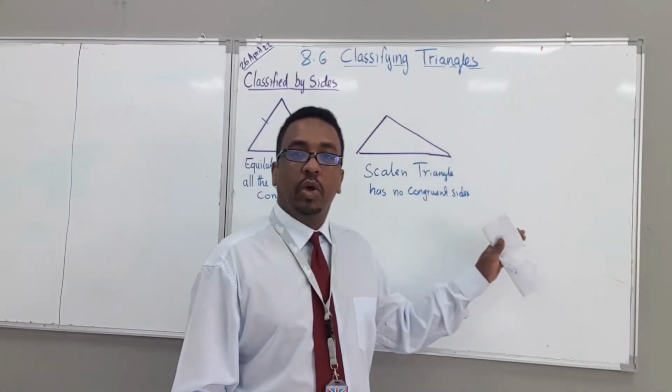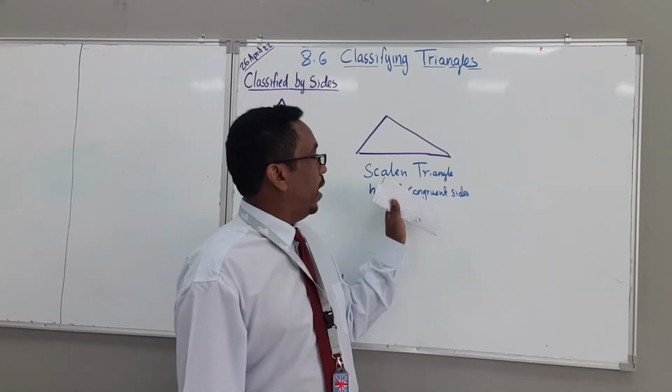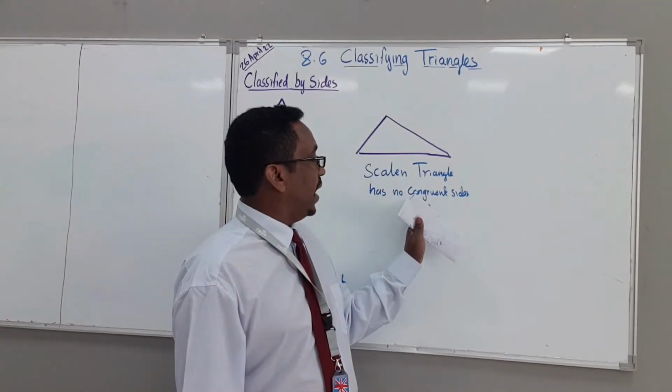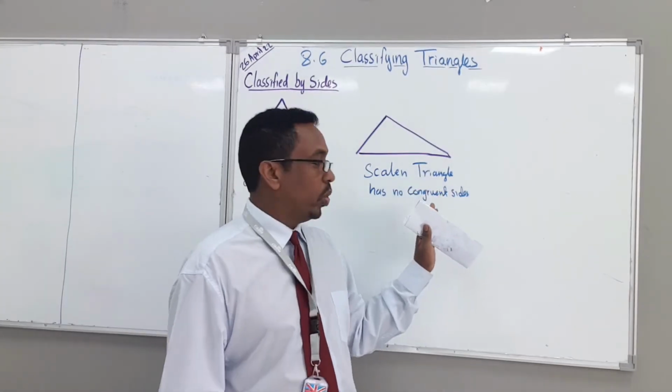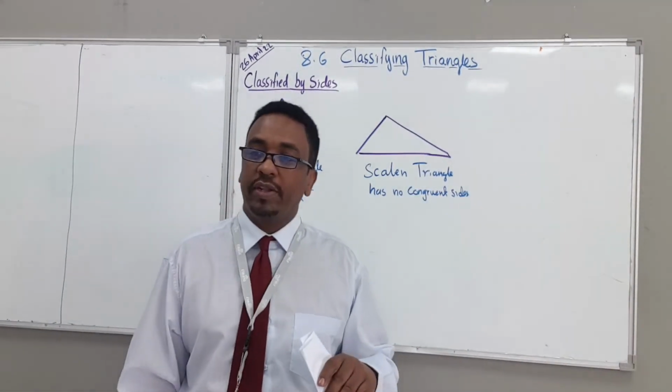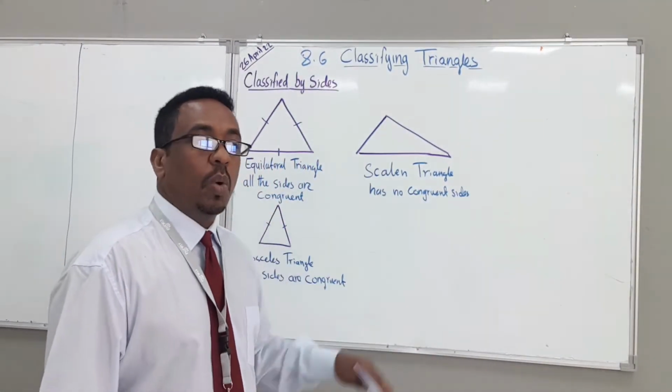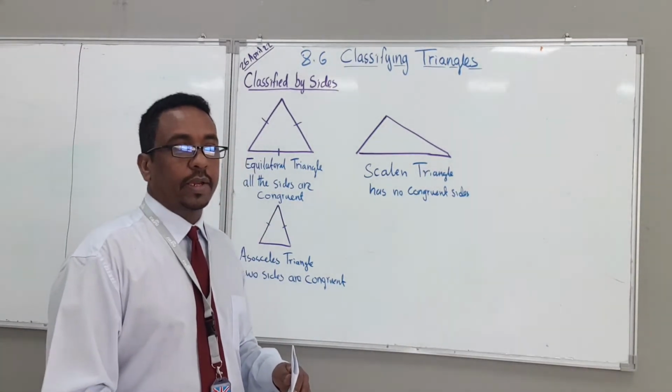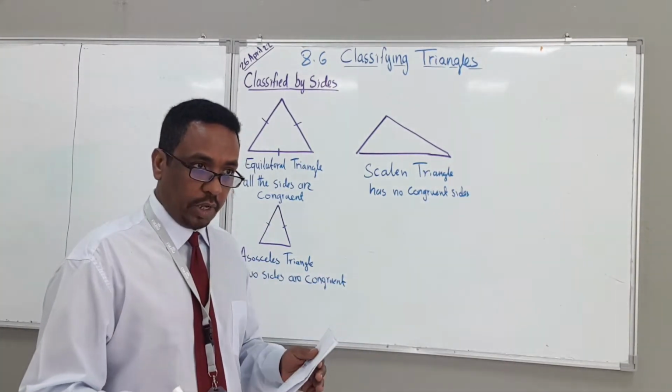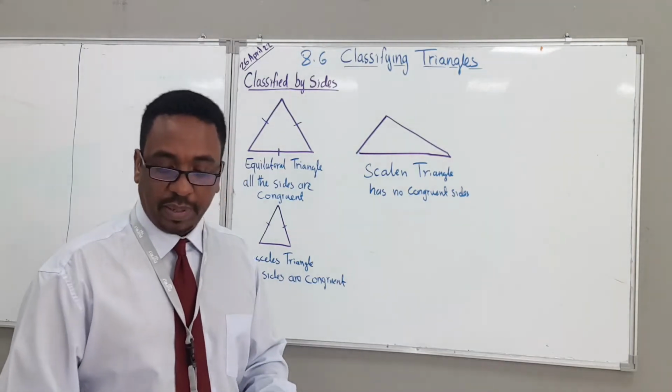The last one has all the sides of different length, so it has no congruent sides. This is how we classify triangles by their sides.